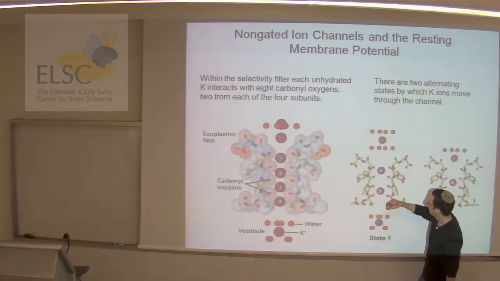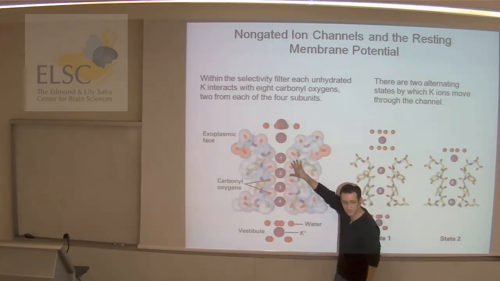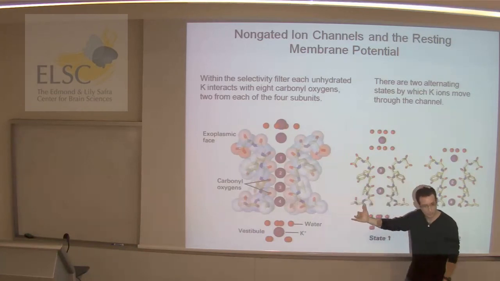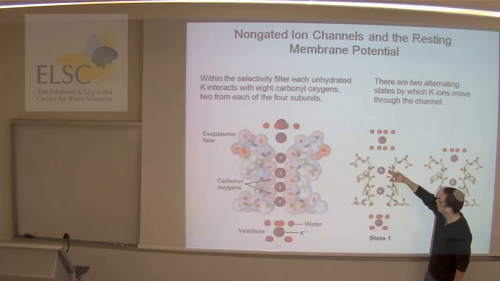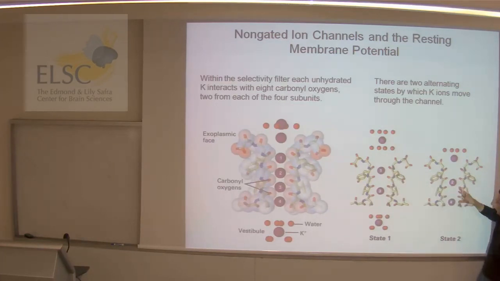Although there are actually 4 positions where the potassium ion can stand inside the selectivity filter, in any given moment you would only have 2 potassium ions, either in positions 1 and 3, or in 2 and 4, because this is the only way where each potassium ion gets its 8 interactions, and no one fights over the carbonyl oxygen interactions.